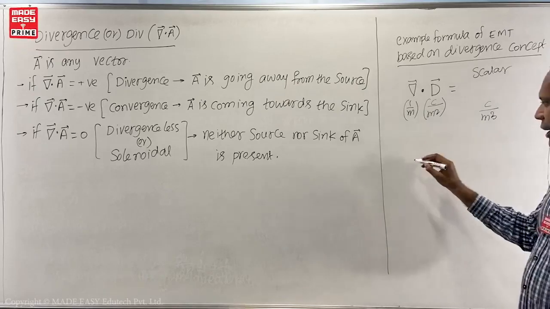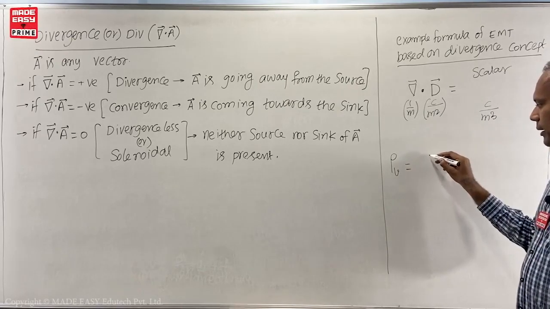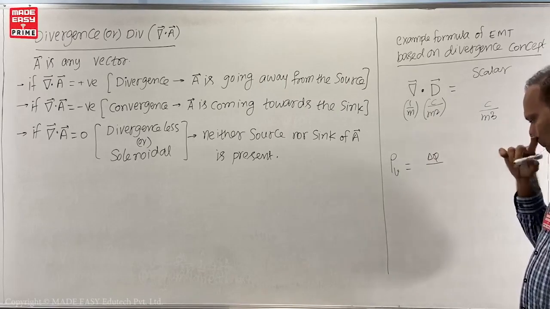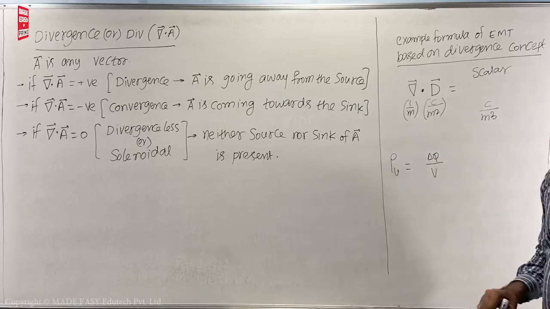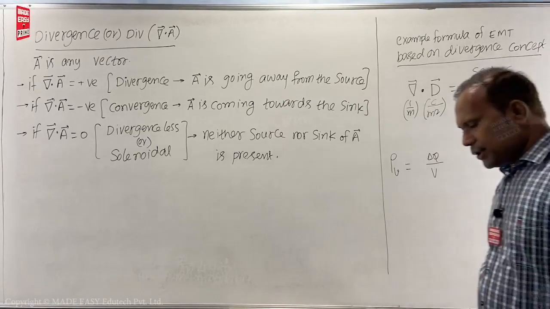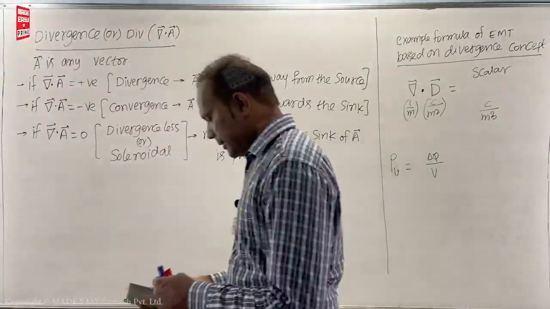Actually, one definition is there. Rho V is nothing but del Q divided by volume. Actually different definitions are there, I will tell later on. You see this definition.